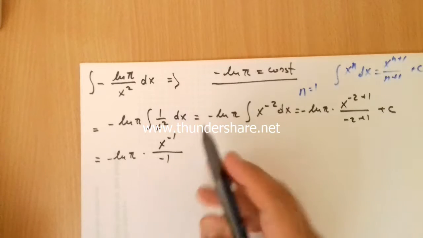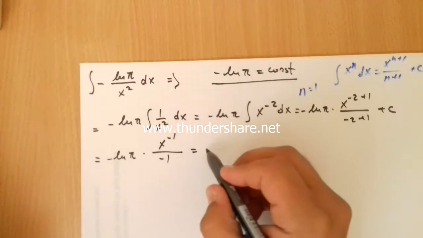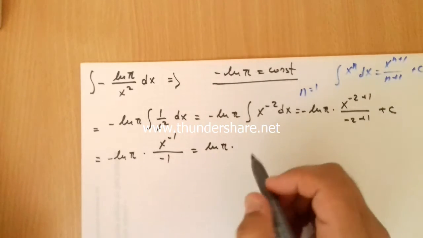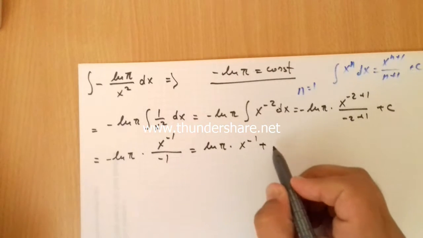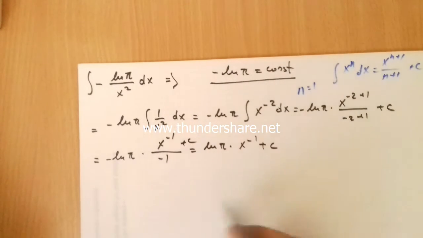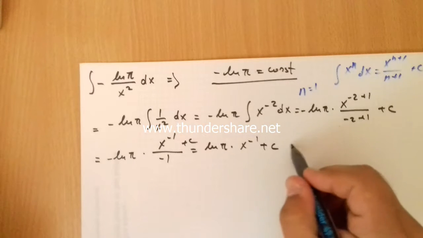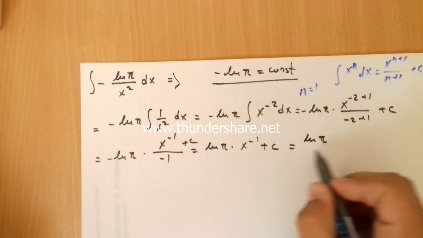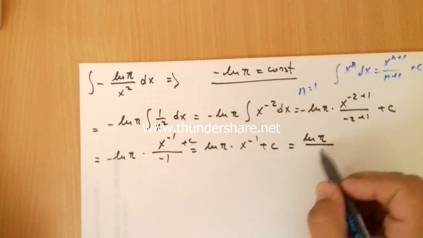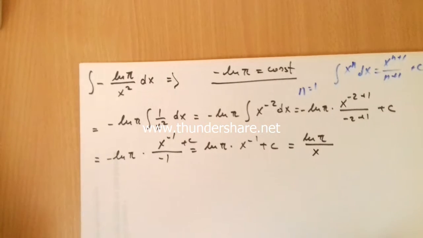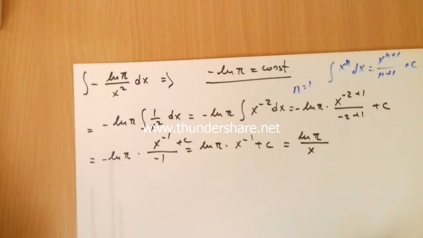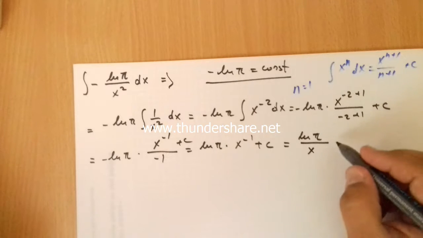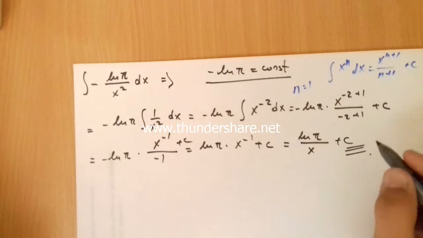Minus divided by minus is plus, so ln of pi times x to the minus 1 plus c, which is equal to ln of pi divided by x plus c.